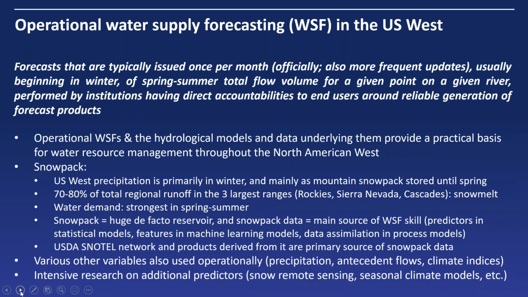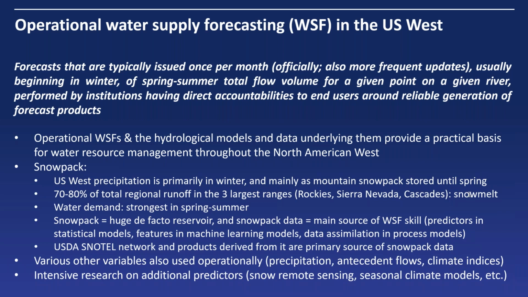One of the information backbones, if you will, for doing that in Western North America as a whole are operational water supply forecasts. I suspect most people on the call know exactly what this is, but just to be on the safe side, these are forecasts that are typically issued once per month or so, more often than that depending on the agency and the location.